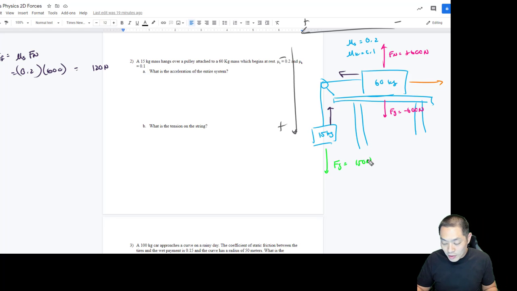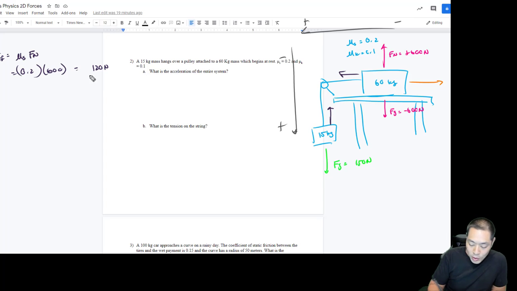Here we have 150, so this one's bigger, so it's going to move. So force of kinetic friction is equal to mu k Fn. In this case, it is 0.1 times 600. So instead of 120, I'm going to get 60, I believe.